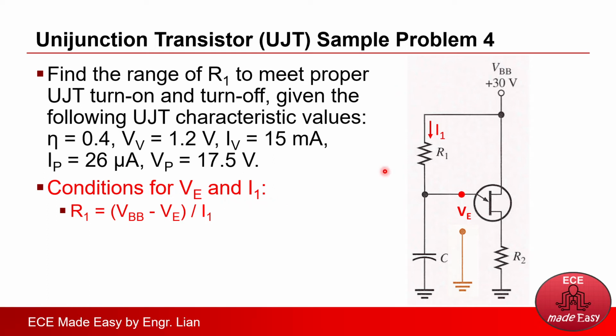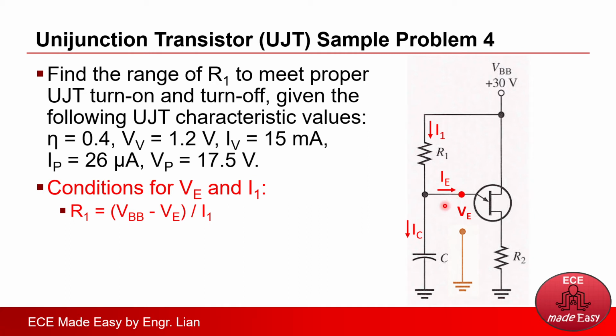For I1, let's check the circuit here. It will pass through the node here, and by Kirchhoff's current law, it should be split into IC and IE. Or in short, I1 is equal to IC plus IE.